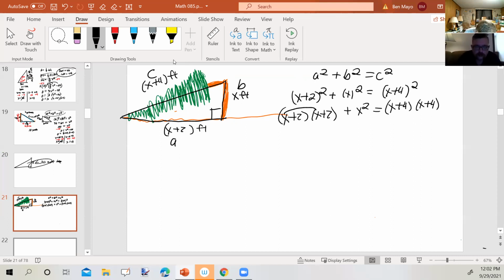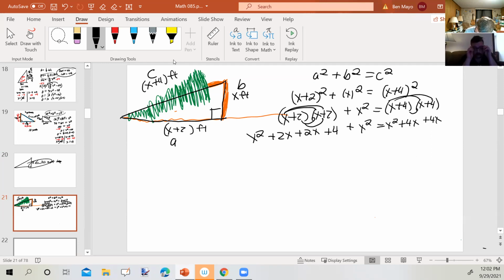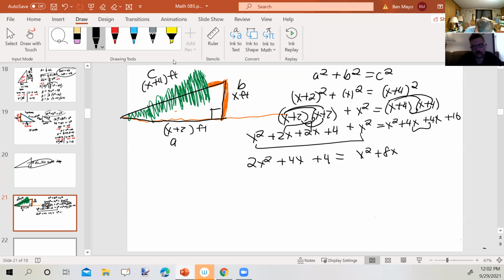Foiling things together, we get X squared plus 2X plus 2X plus 4 plus X squared equals X squared plus 4X plus 4X plus 16. Okay. Combining like terms on the left side of the equation, I've got 2X squared plus 4X plus 4 equals X squared plus 8X plus 16.